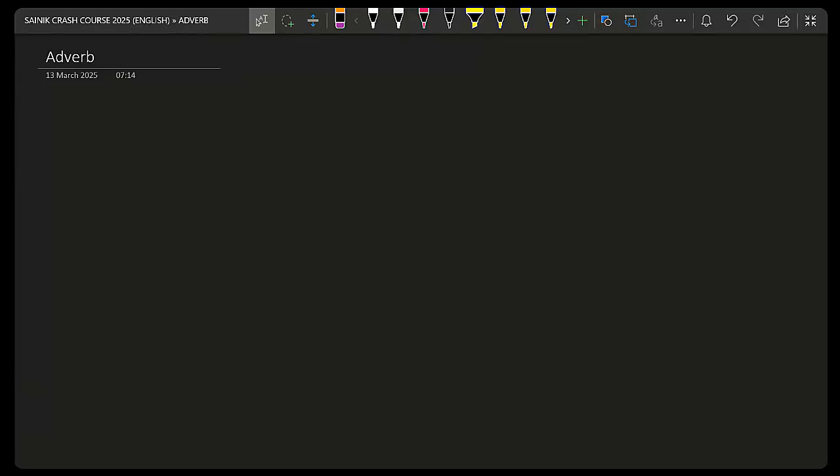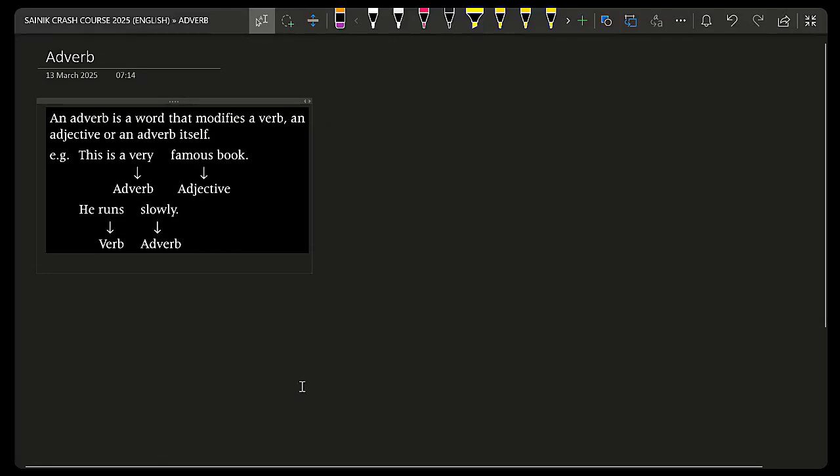Okay, what is an adverb? The definition. An adverb is a word that modifies a verb, an adjective, or an adverb itself. This is a very famous book.